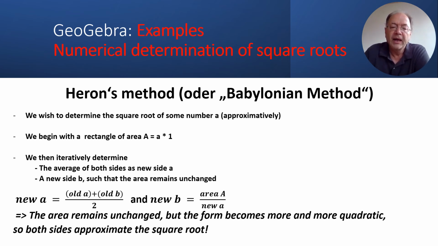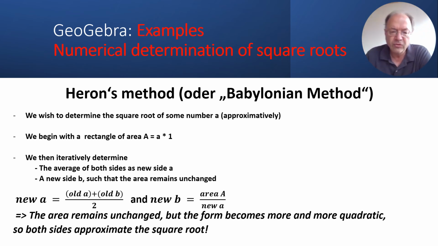Okay. First thing is we define an area, capital A equals small a times 1, of course. If I multiply by 1, then both numbers are the same. Physically speaking, they have different dimensions, but that is the same number.